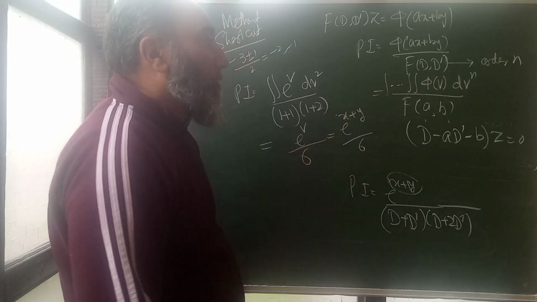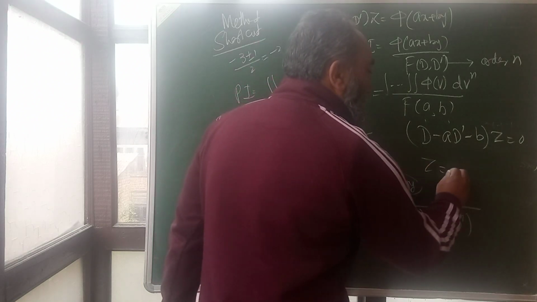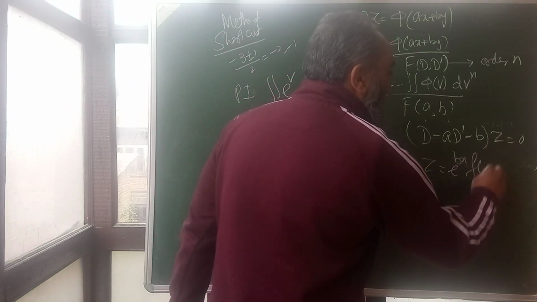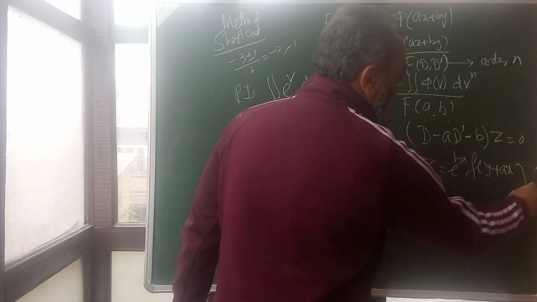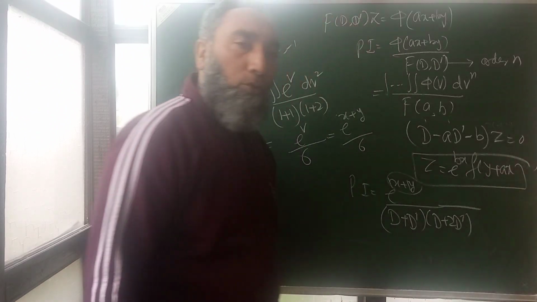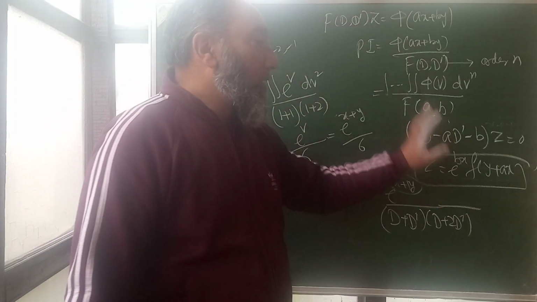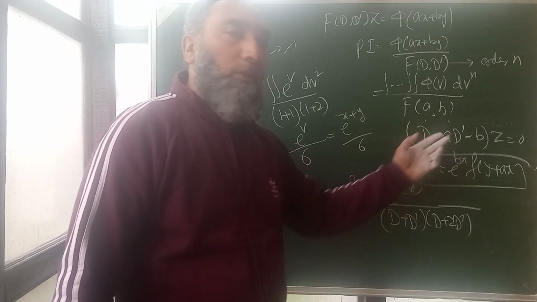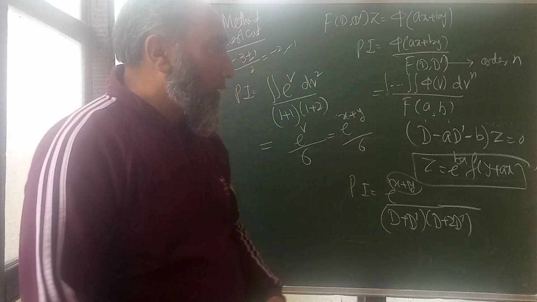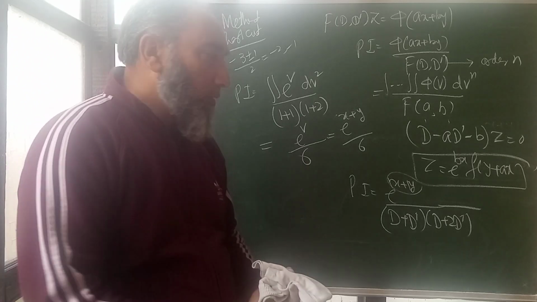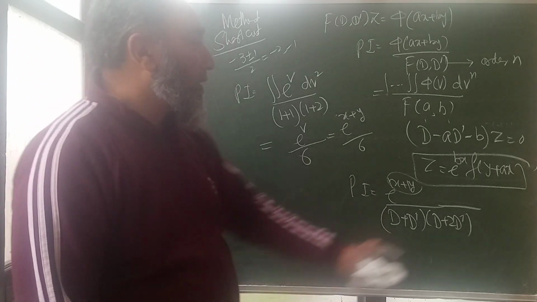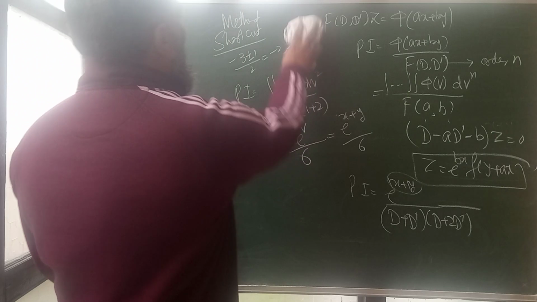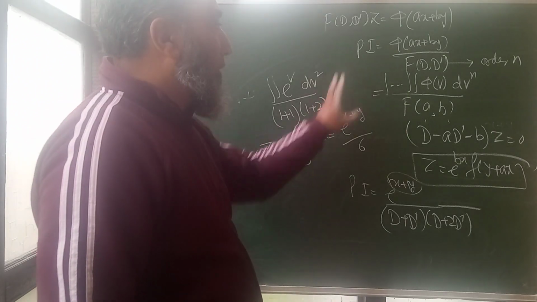I have taken up a question, say z equal e to the power bx function of y plus ax. This is its solution. This is non-homogeneous part. So if you have a factor of this type, how to find the solution, I will be taking up in my next lecture, not now. So okay, let me finish up this over here.